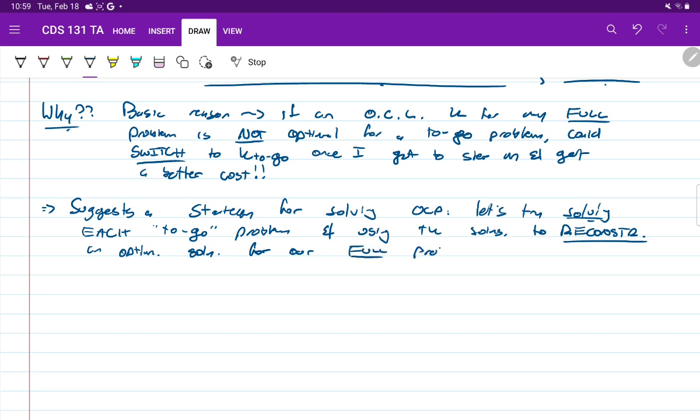Okay? So we'll work backwards, right? We'll start with these smaller to-go problems. We'll piece together solutions for each of these. And then maybe by this principle of optimality, what we'll end up with is an optimal control law for our entire system, okay? For our full optimal control problem, all right?